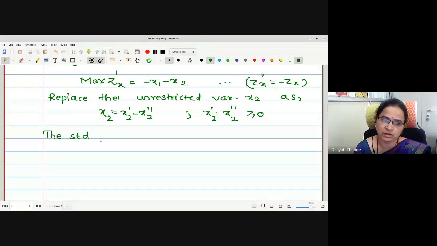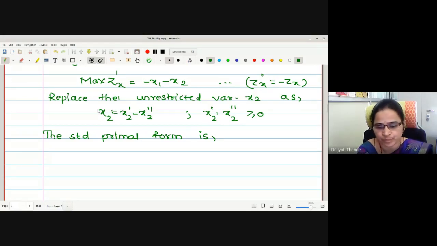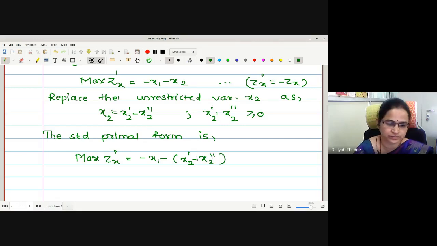The standard primal form is: maximize Z(x) dash equals minus x1, and this x2 we will replace by x2 dash minus x2 double dash.